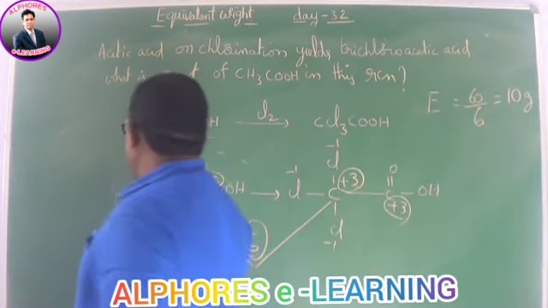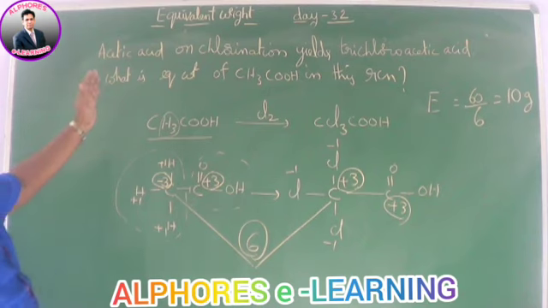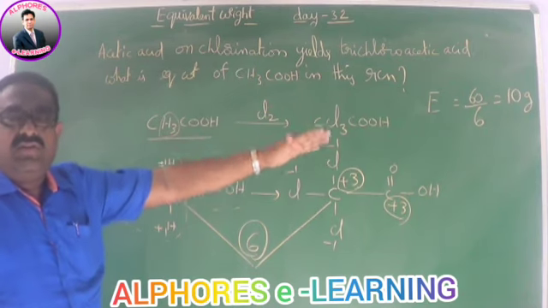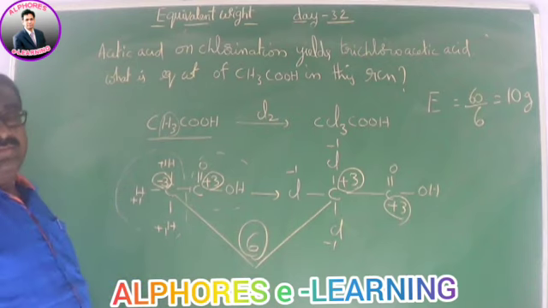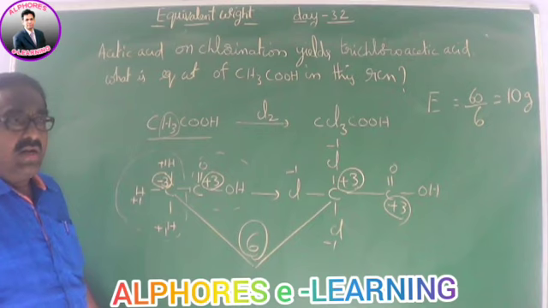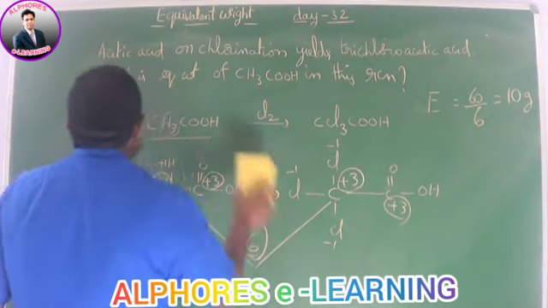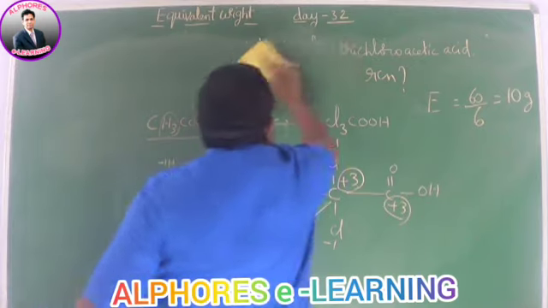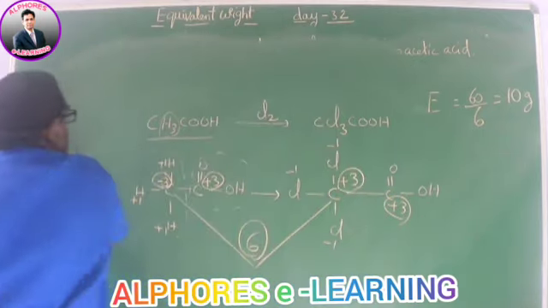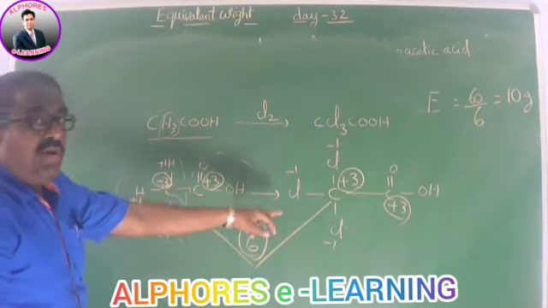So finally I got the answer as 10 grams, which is the equivalent mass of acetic acid in that particular reaction. Please note down, it's a very, very important model. And then I will go for the next question. Here the major part is minus 3 to plus 3.